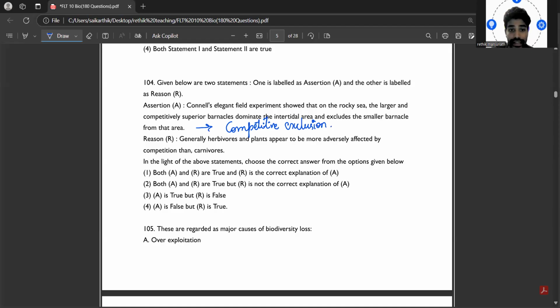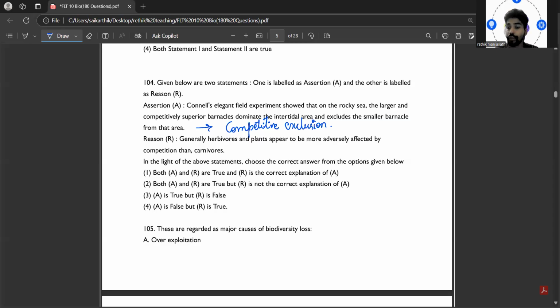However, the reason statement actually refers to the competition of herbivores, plants, and carnivores, which is not directly related to the specific experiment described in the assertion. So while both statements are true, they do not give a one to one explanation.